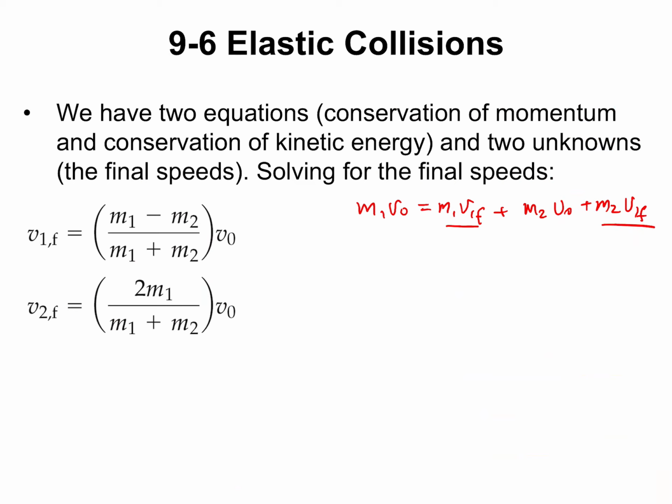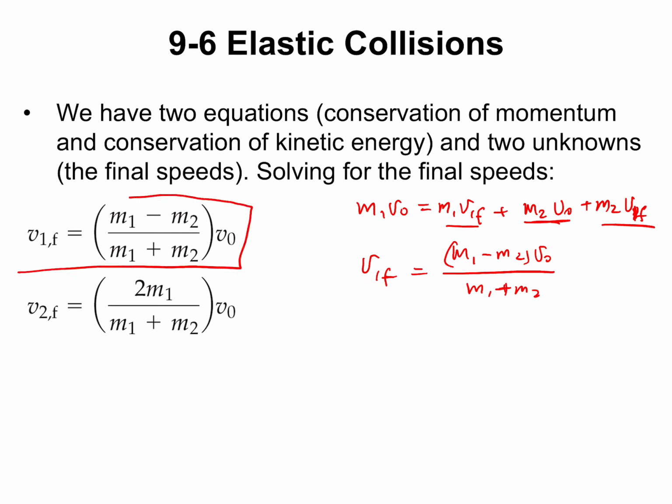Then we bundle the v1f together, and v1f equals (m1 minus m2) v0 divided by (m1 plus m2). So this is the equation.